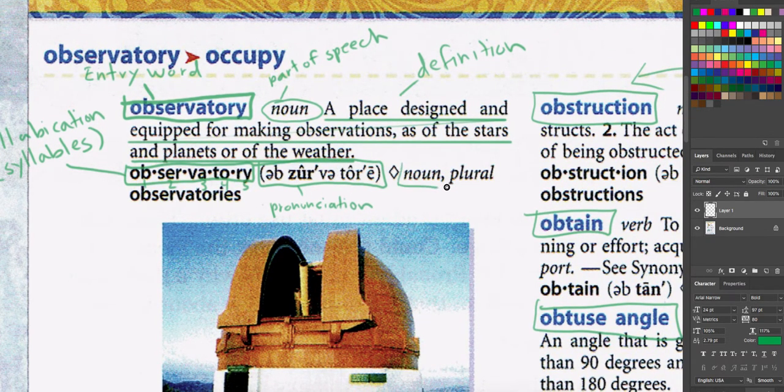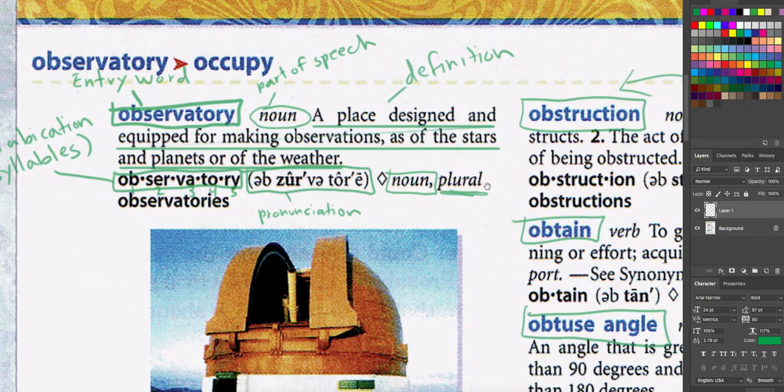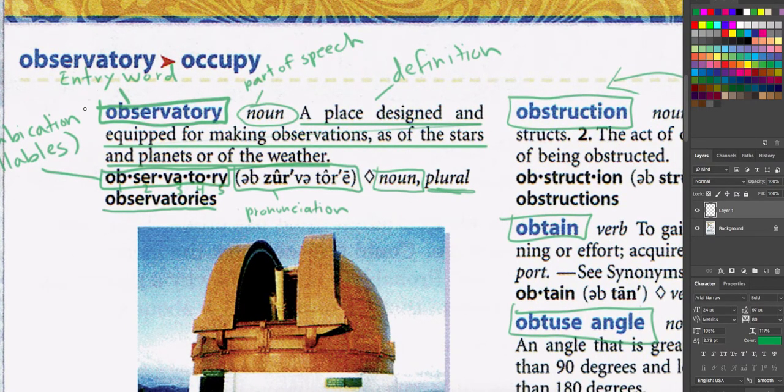The next part here, again, tells you the part of speech, but it also tells you the plural form of observatory. If you have more than one observatory, it's called observatories, and it also shows you how to spell it, right? Change the Y to I and add ES. So that's pretty much it for one entry word in a dictionary.